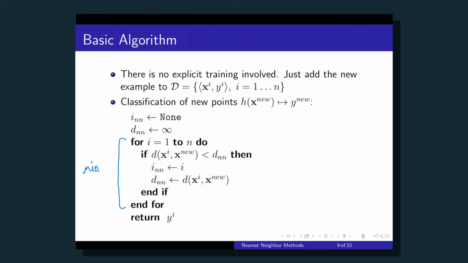Actually, I'm sorry, this is not correct. Let's fix this. You don't return yi, you return yi and n. So you return whatever the label is for this nearest neighbor that you found. And that's basically nearest neighbor classification. It's pretty simple.